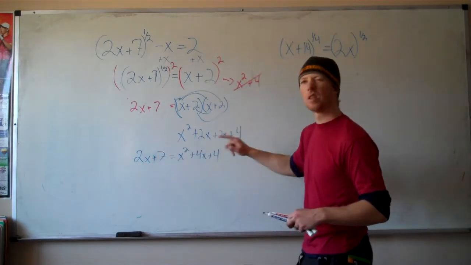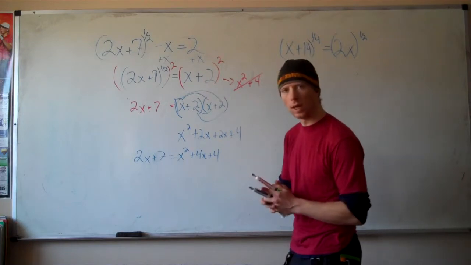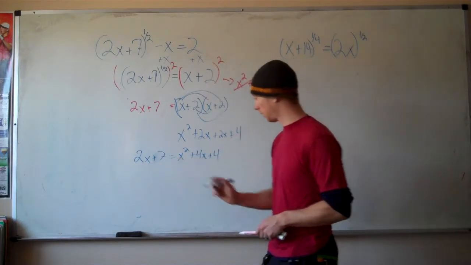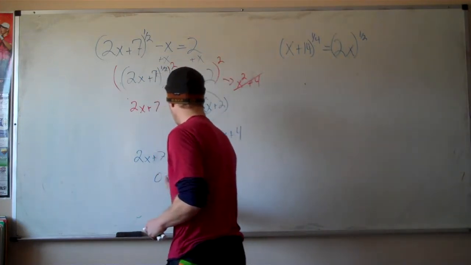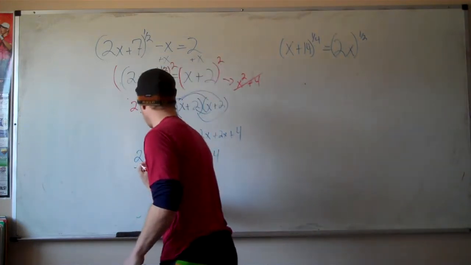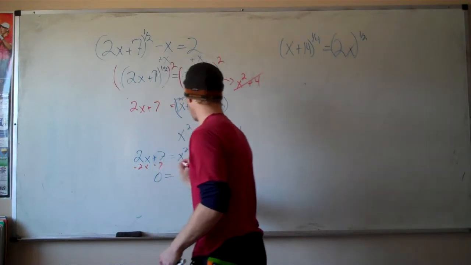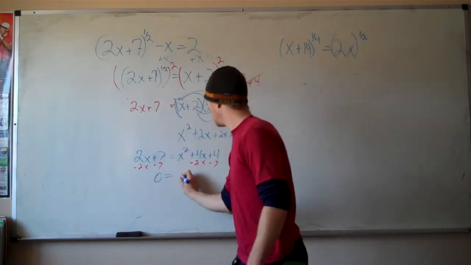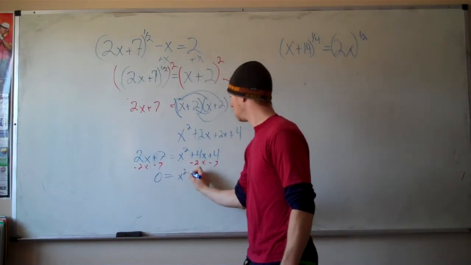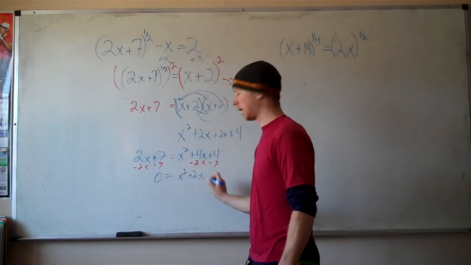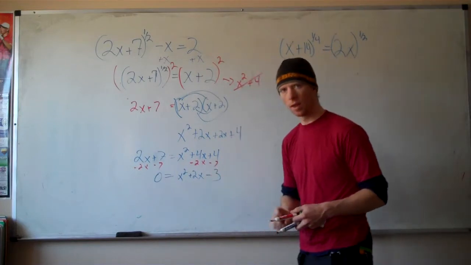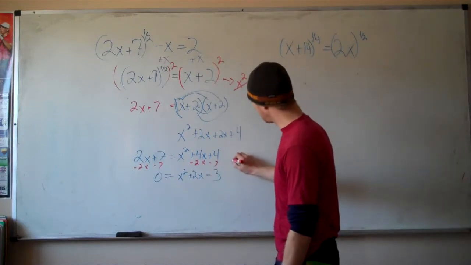I notice the 7 and the 4 are like terms, and those will go together, and that the 2x and the 4x are like terms and will go together. That's going to give me 0 equals x squared plus 2x minus 3.